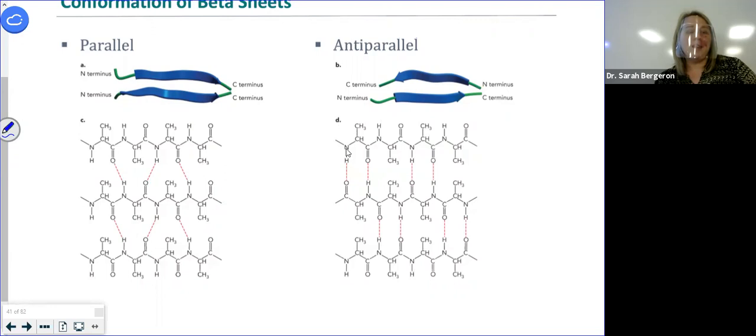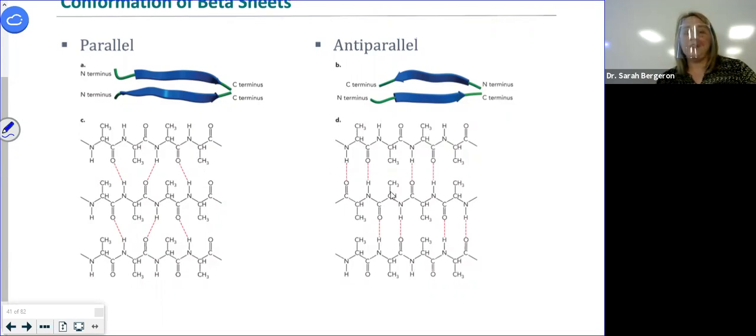Whereas if you have something that's anti-parallel, do you see how we start with N here and we go NCC? On this one, we go NCC, NCC. So they're swapped. They're going opposite directions. Do you see how nicely these line up? So what you're looking at is a picture of the same basic width of a beta sheet. How many hydrogen bonds are here? 3.